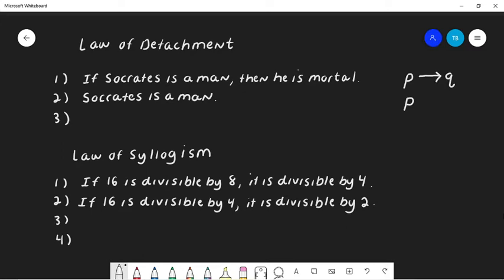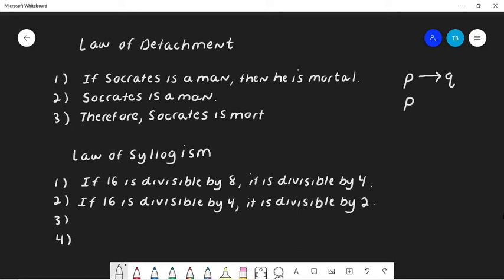All right. And then the last step would be to affirm the conclusion, because if the hypothesis is true, then the conclusion necessarily follows. So the conclusion here would be, therefore, Socrates is mortal.